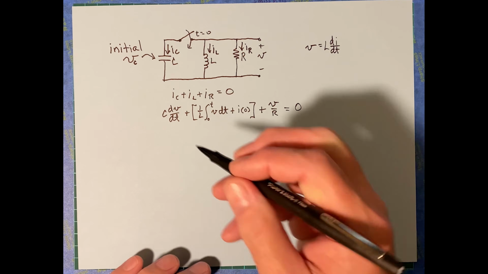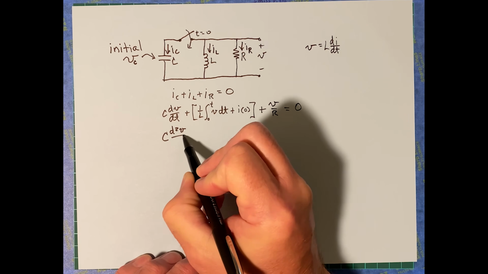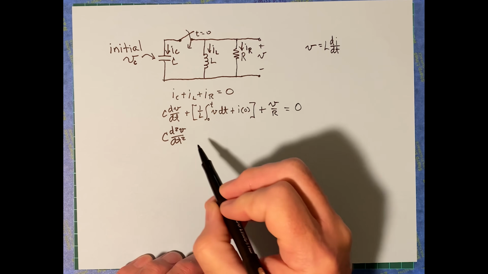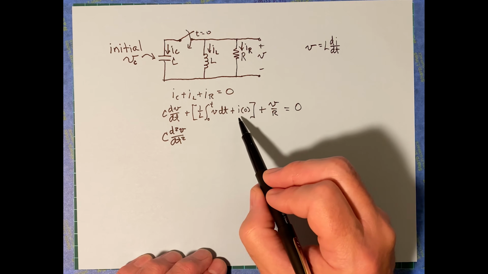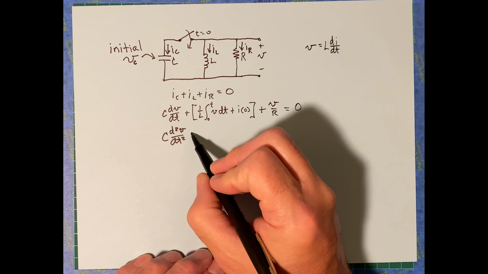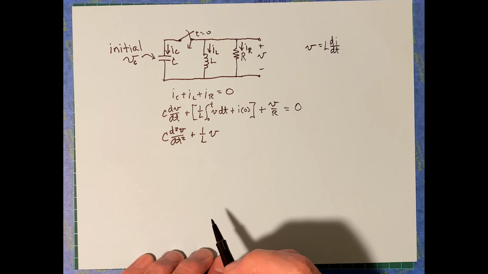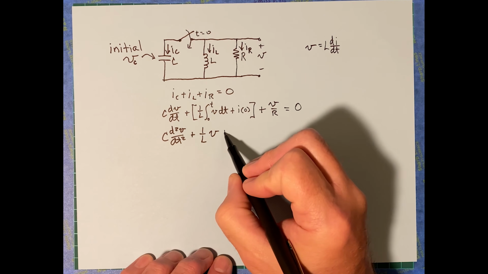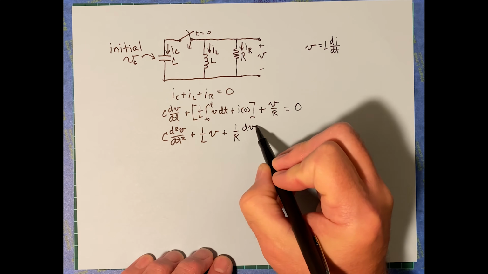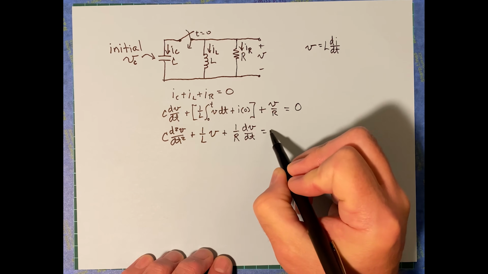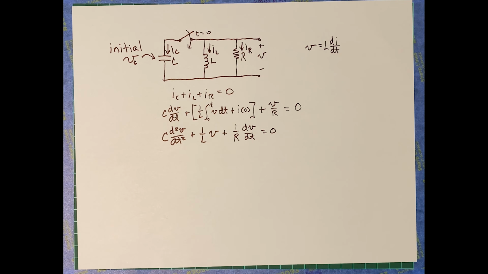So when we do that, we get C d squared V/dt squared for that term. Then taking the derivative of that, the constant goes away, and we're left with plus 1 over L V. And when we take the derivative of this last term, 1 over R dV/dt equals 0. Taking the derivative of 0 just gives you 0.